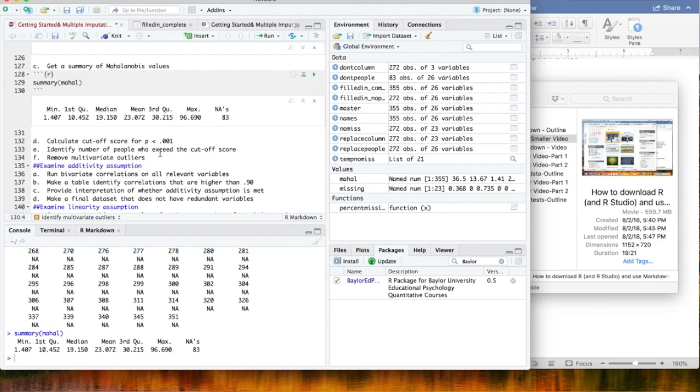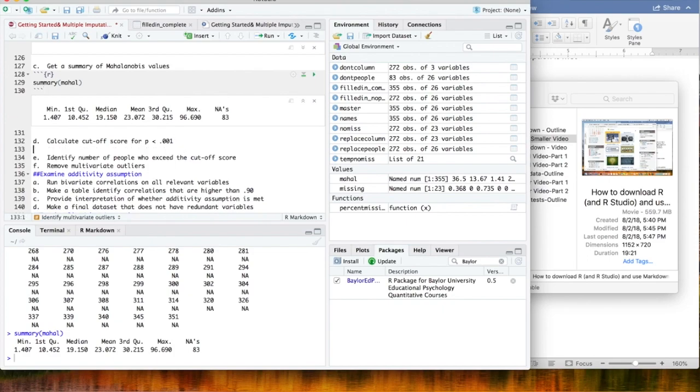So this is all fine and dandy to have the descriptives and the Mahalanobis values for each person, but we want some type of cutoff score to figure out who is far away enough to be considered really, really weird that we might not want to include in this data set.